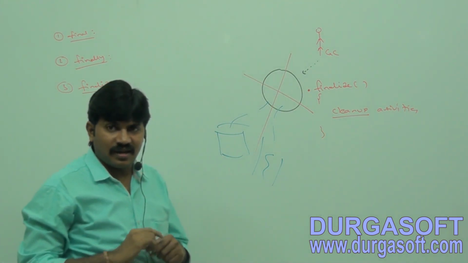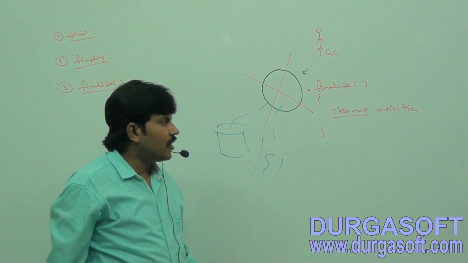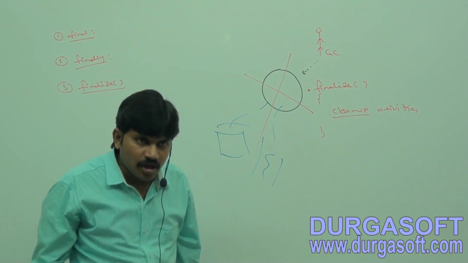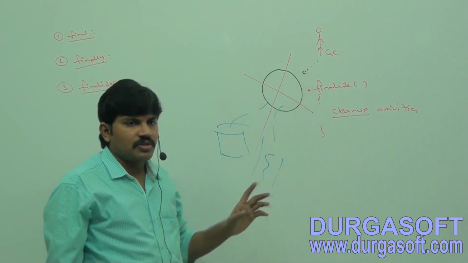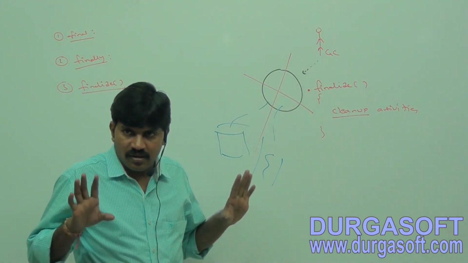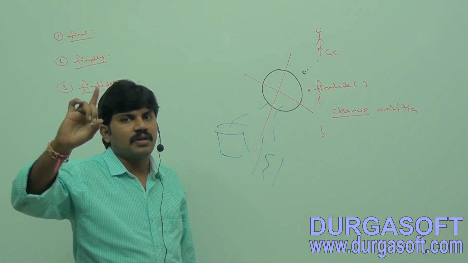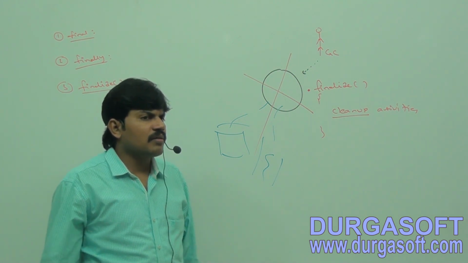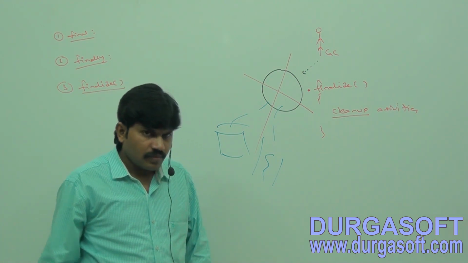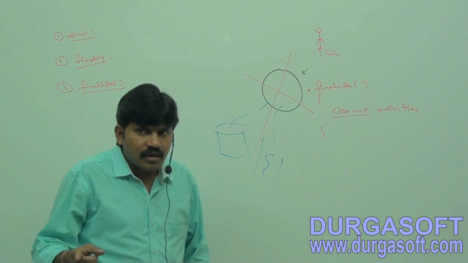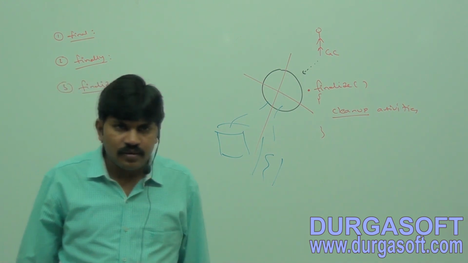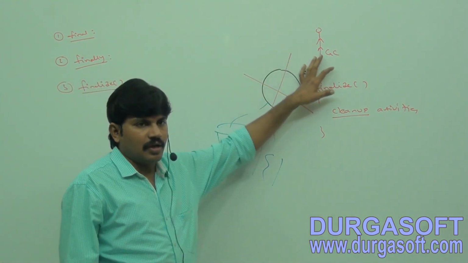Are you able to understand? Once the finalize method completes, the garbage collector destroys this object. There is no doubt at all. Now my point number 1: who is calling the finalize method? The garbage collector. When? Just before destroying an object.